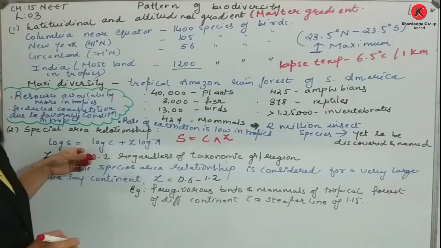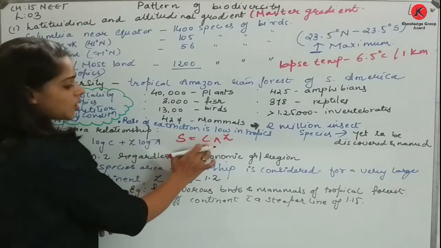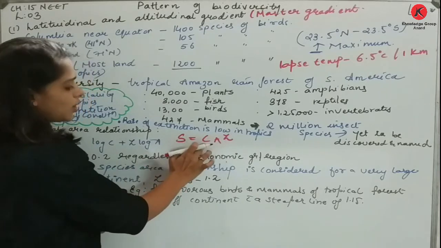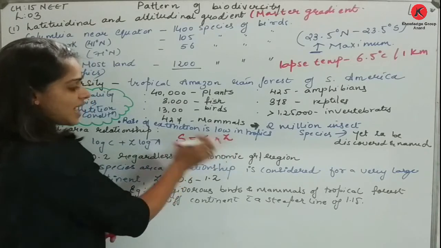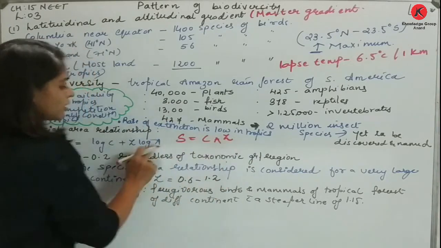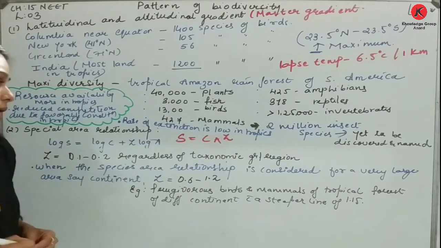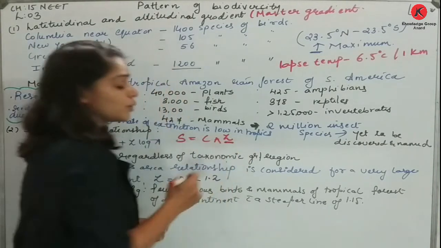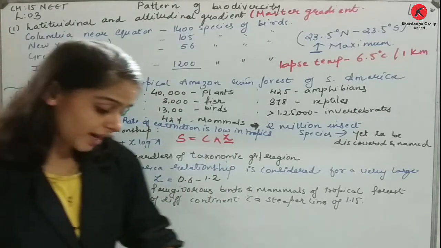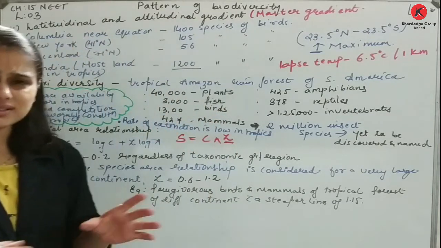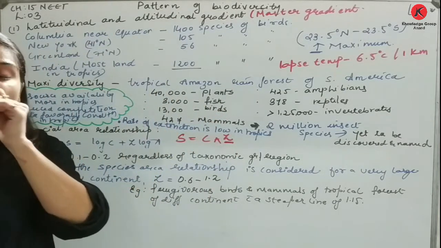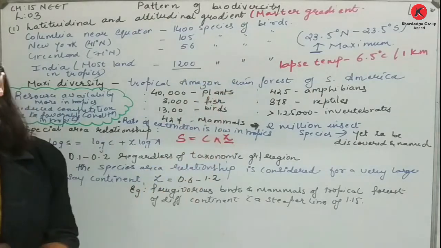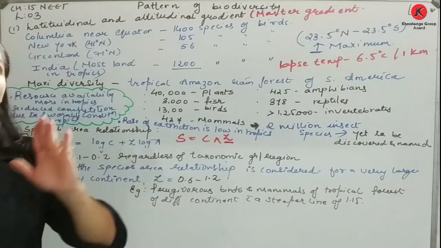Converted into a logarithmic scale, log S is equal to log C plus Z log A आगे आएगा. Am I clear? Where Z is the regression coefficient and whose value remains constant irrespective of taxonomic group or region.